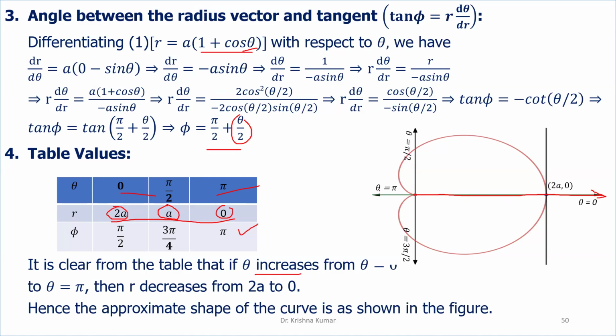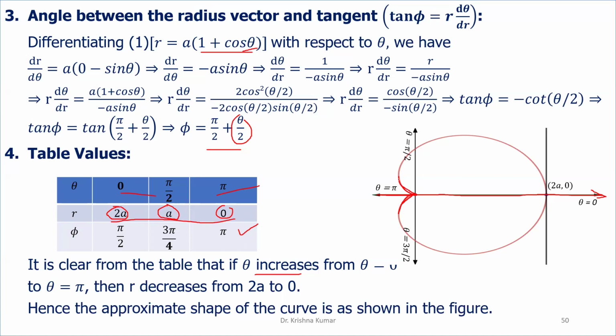Now theta equal to pi is the tangent at pole. So we can draw one branch of the curve over here. And since it is symmetric about the initial line theta equal to 0, we have the second part of the curve, like this.